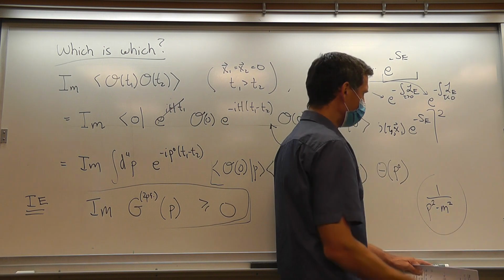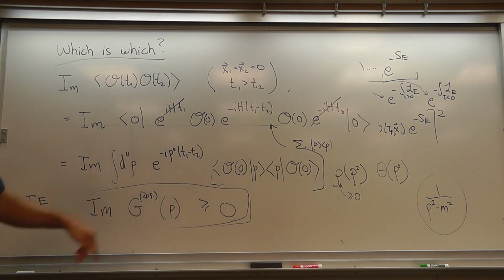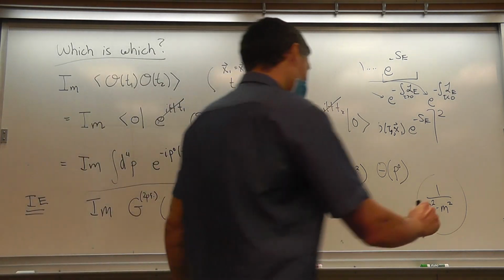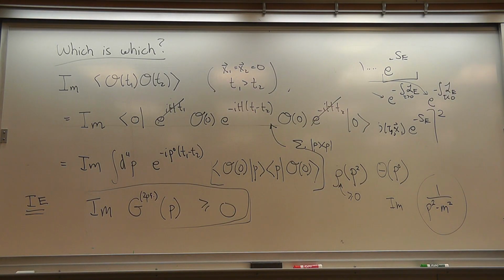And the imaginary part of something real like this is the coefficient, because there's a pole. The imaginary part of the pole has a delta function, p squared minus m squared.